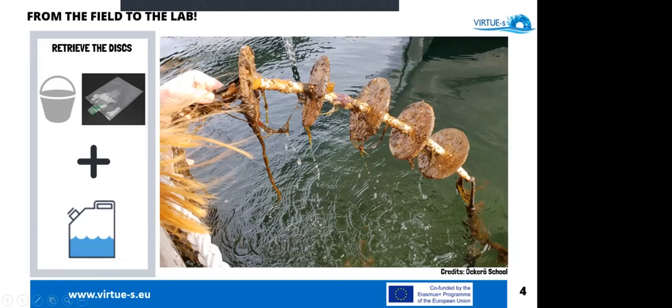When you are retrieving the disk, there are several ways to bring the disk from the deployment area to your laboratory. For instance, you can use some buckets to store the disk, but also you can use plastic breathing bags. I think you can find them in aquarium stores. Or decide to wrap the disk in wet newspaper to preserve the moisture.